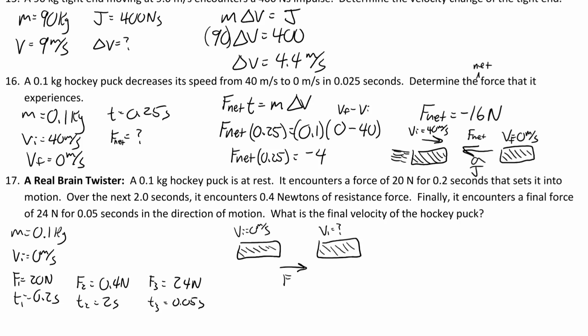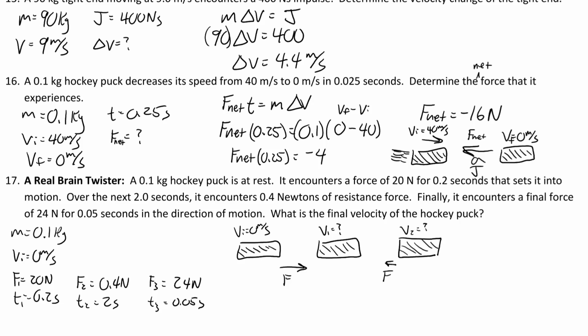Then over the next 2 seconds it encounters this resistance force. Now there's a very small force of resistance opposing you and slowing you down. We don't know what V2 is, but we know it's going to be less than V1.